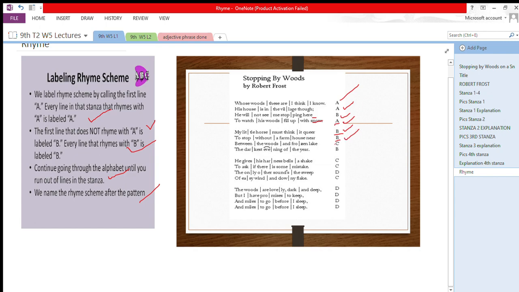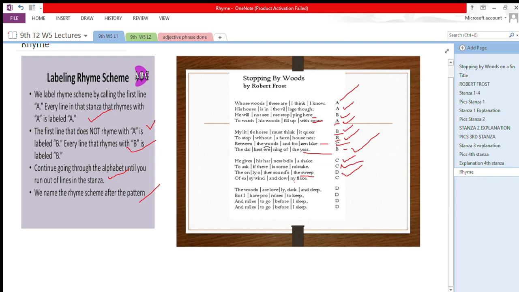This is also B. But then lake, it neither rhymes with A nor with B. So here we will add one more alphabet, that is C. And then year again rhymes with B, so we'll give this the name B. Shake rhymes with lake, so this is again C. Lake, mistake, again it is C. But then sweep doesn't rhyme with any of these, neither with A, B or C, so sweep will be given the name D.